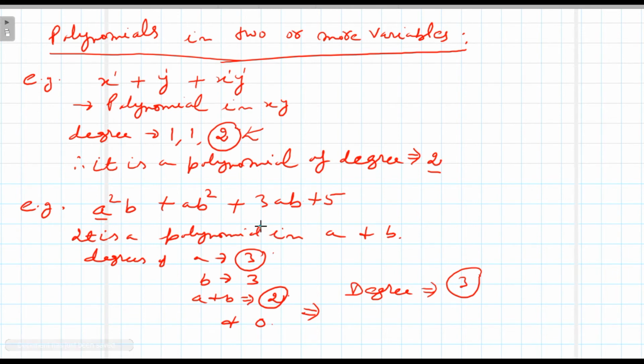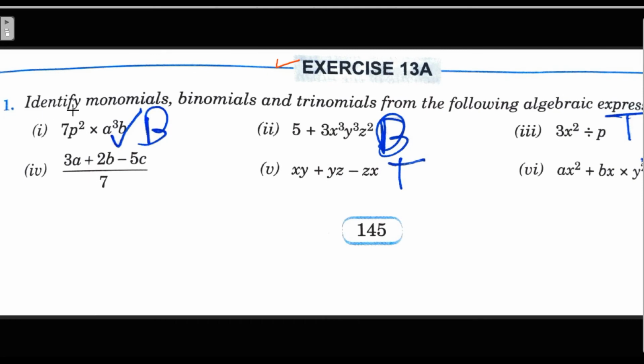So keep these terms in mind while solving the questions. We are going to start here with exercise 13a. The first question in your book is: identify monomials, binomials and trinomials from the following algebraic expressions.